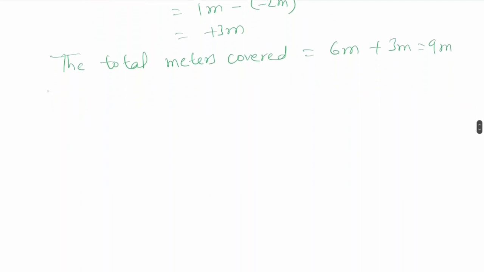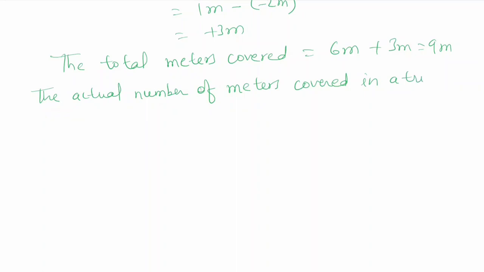This quantity, the actual number of meters covered in a trip, is called distance, which is another quantifying parameter for the motion.